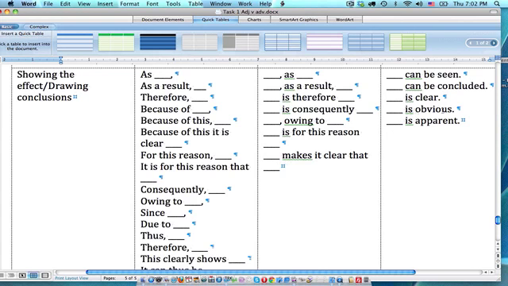And then at the end we can finish these sentences with "can be seen," so a very obvious and clear and direct way of saying that this is the conclusion that I want you to agree with. "Can be concluded," "is clear," "is obvious," "is apparent," and you could add lots of other phrases down there.